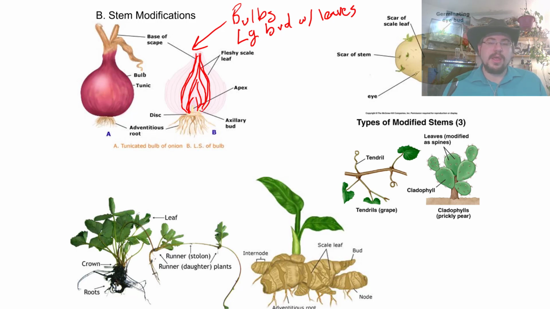And the whole point of a bulb is to allow a little bit of survivability. So oftentimes bulbs are underground to protect them from the winter. So bulbs have a disc for essentially a stem.